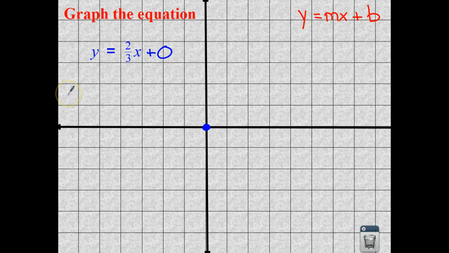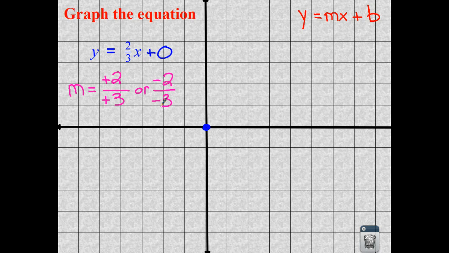So we have m equaling the rise over run of 2/3, or another way of writing 2/3 is -2 over -3, because that's also a positive 2/3.